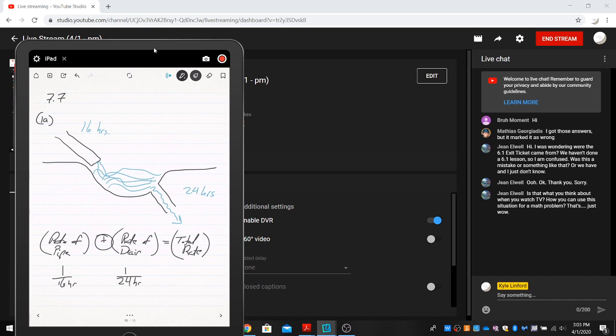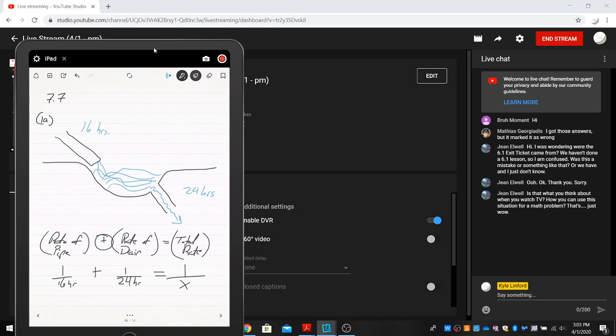The pipe can fill the reservoir in 16 hours. It can move all of that water in 16 hours. And the drainage can empty the reservoir in 24 hours. It can move all of that same water in 24 hours. That should give us how long it can complete the job. So I add these together, but that doesn't make sense.